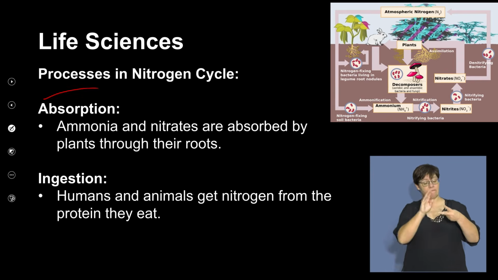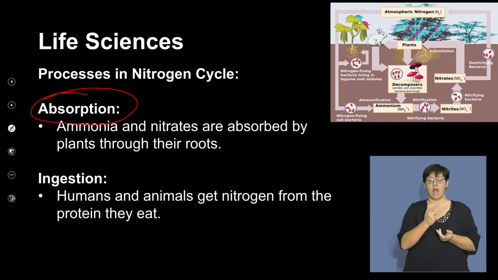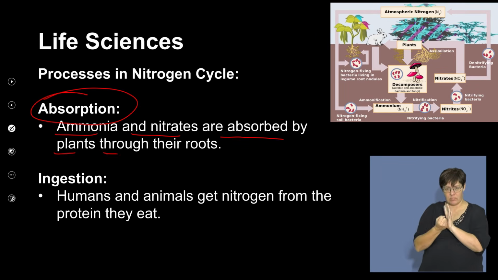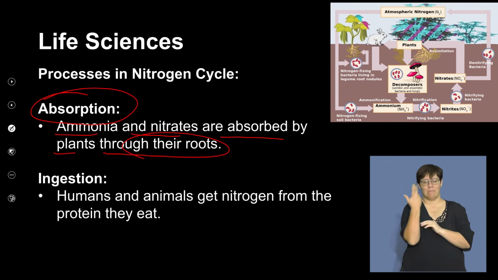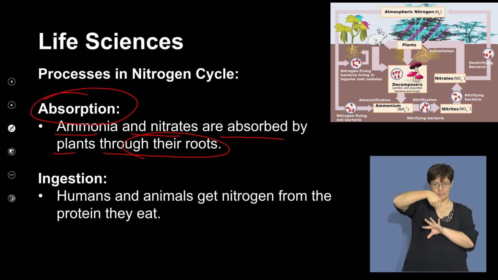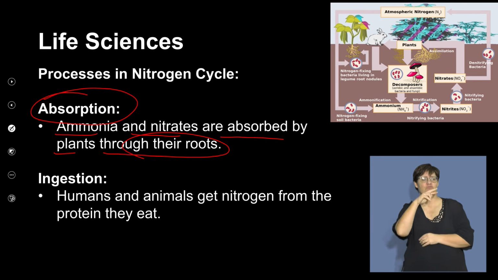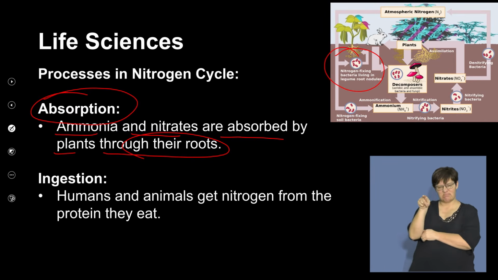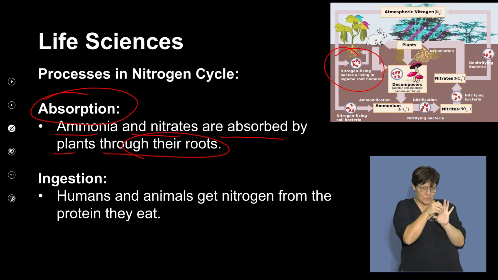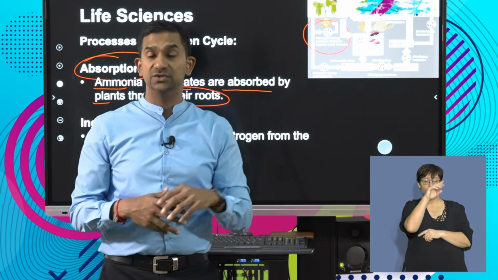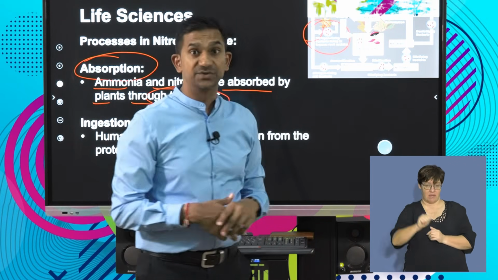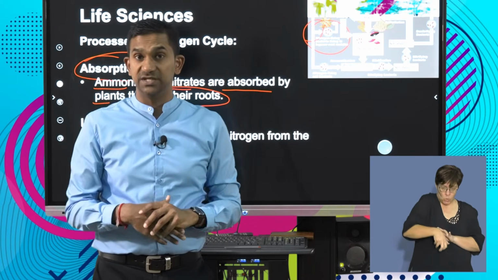The next process is the absorption of these nitrates. Ammonia and nitrates are absorbed by plants through their roots. As I mentioned earlier on, we have bacteria called nitrogen fixing bacteria. These bacteria, as you look at these images here, are able to take in and absorb the atmospheric nitrogen and convert that into nitrates and ammonia, which is then available to the plants for processes that they need, such as protein synthesis.